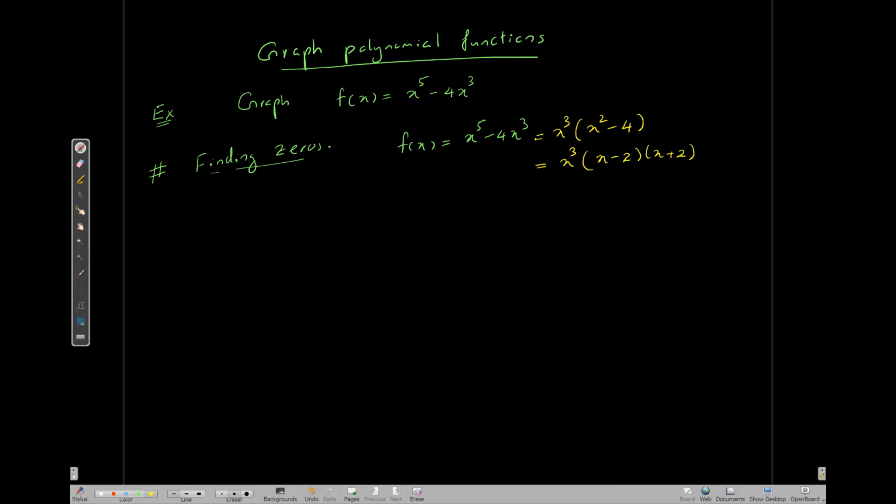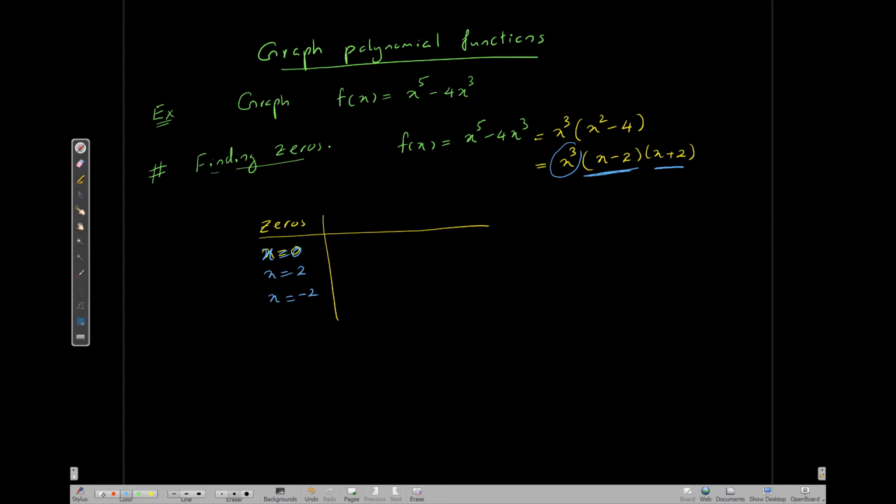So the zeros are x equals 0, that is from this factor, x equals 2 from this one, and x equals negative 2 from this one. So x equals 0, x equals 2, and x equals negative 2.